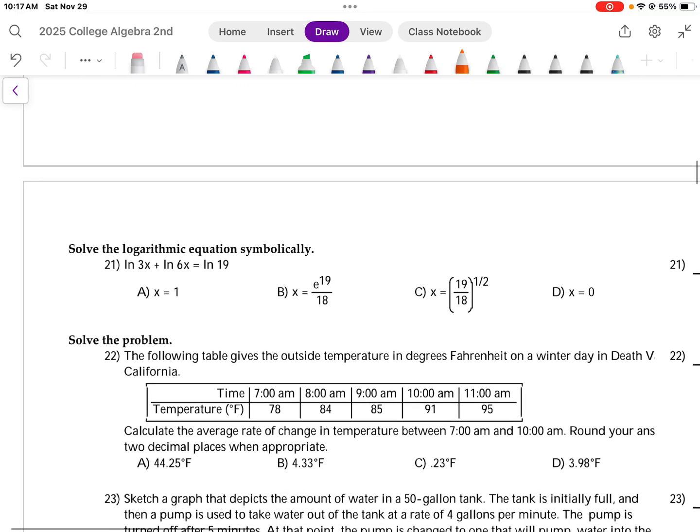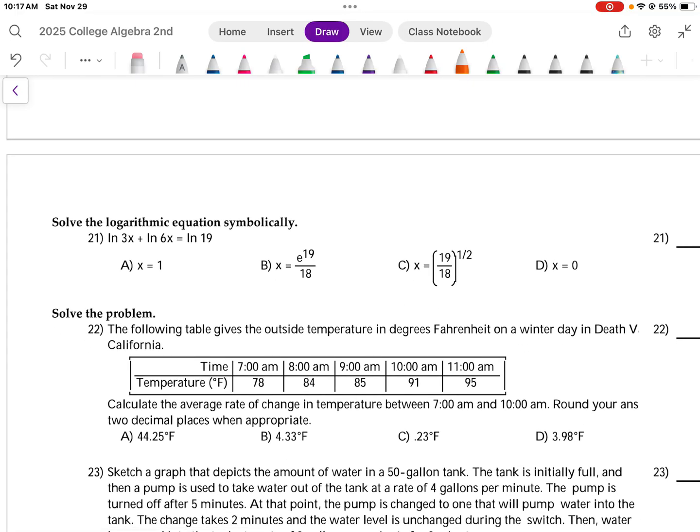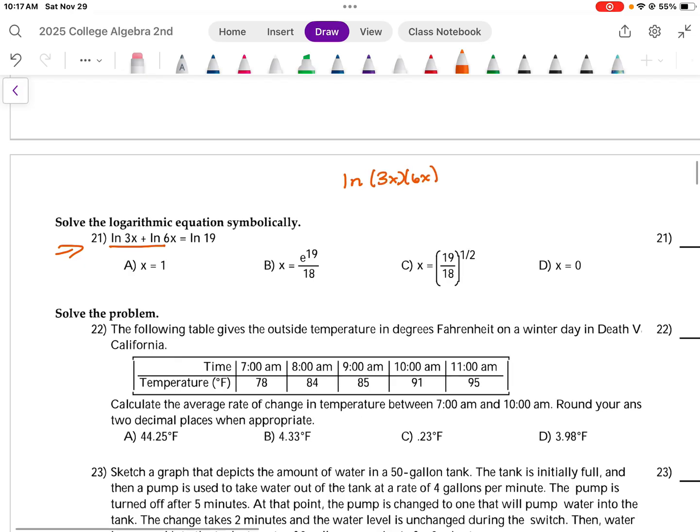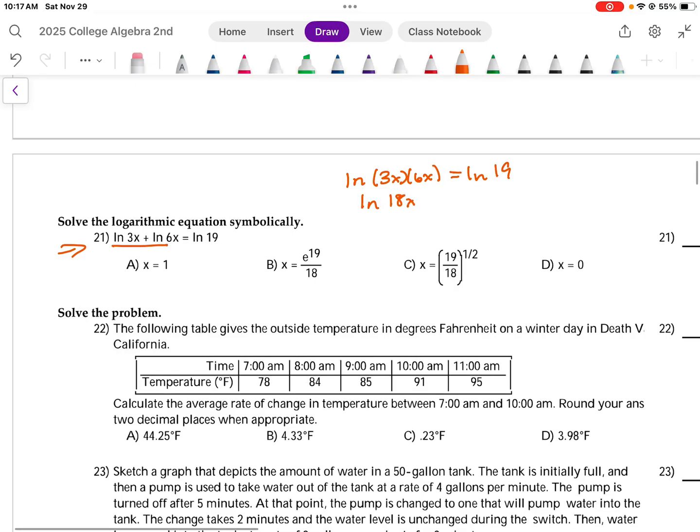All right, here's another solving logarithms problem. Again, going to find some type of solving logarithms on the final. We've now seen 2 to 3, and this would be the third one. So we want to make sure that's something we do. So we need to condense. What I would first do is see that I am adding 2 natural logs, which means I can condense and multiply the 2 things together. So this is the ln of 18x squared equals ln of 19.